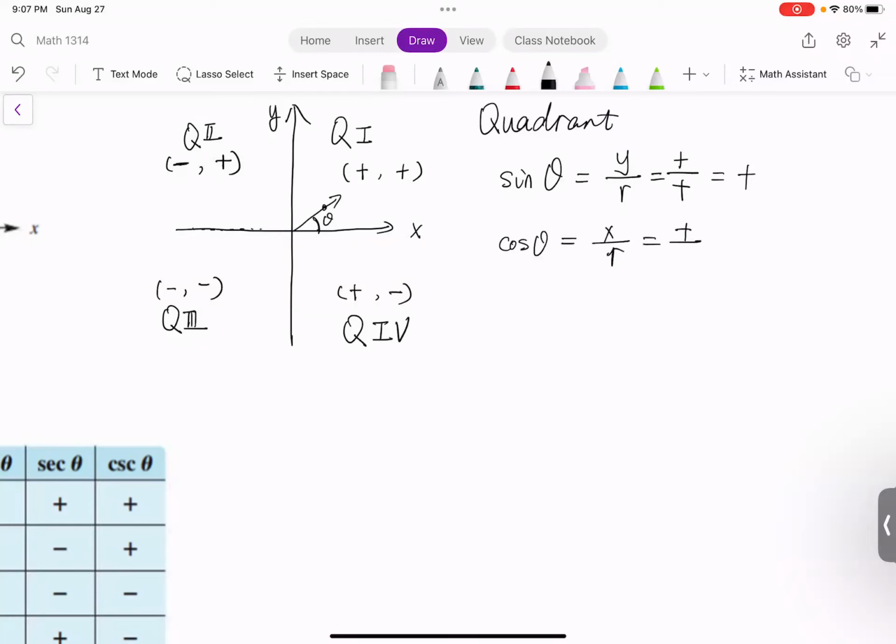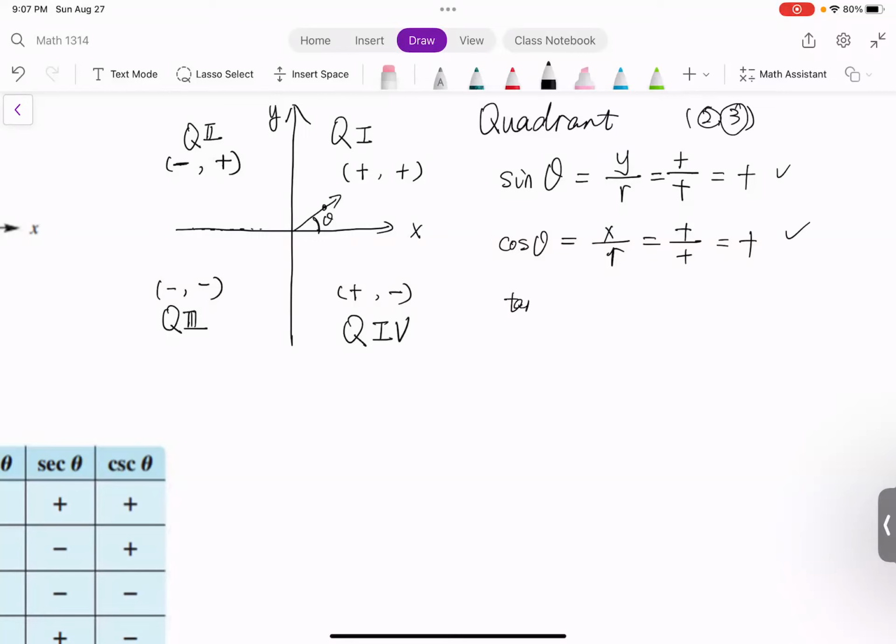So x is positive, while r is positive. I have a positive ratio because, for example, if I have a point (2, 3) in the first quadrant, x is positive, y is positive. So we will see the ratios y over r and x over r are all positive.